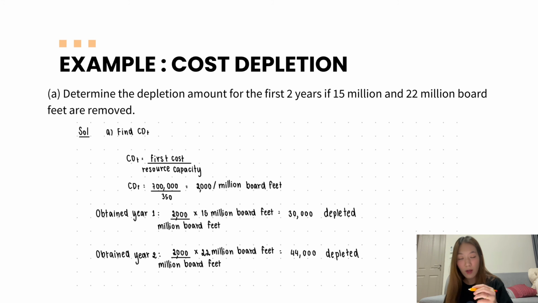And then we have to obtain year one. Year one, we can find by multiplying 2,000 by 15 million board feet, so the result is 300 repeated. And next we have to obtain year two. 2,000 multiplied by 22 million board feet, so the result is 4,400 repeated.